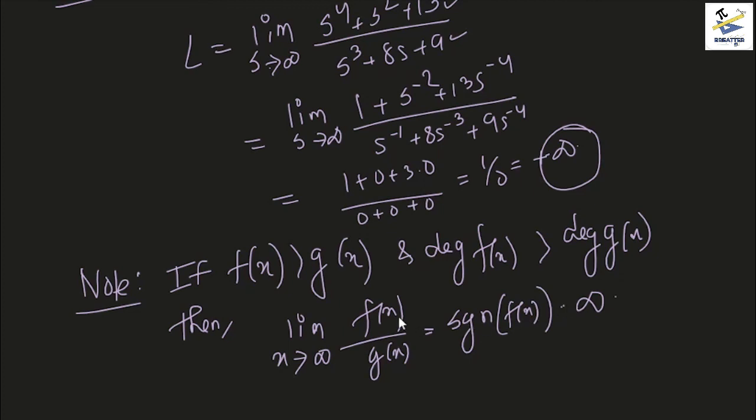So if it's a negative polynomial, it would be minus infinity. If it's a positive polynomial with the leading term being positive, it would be a positive infinity. But in other words, in all the cases, it would be infinity, right?